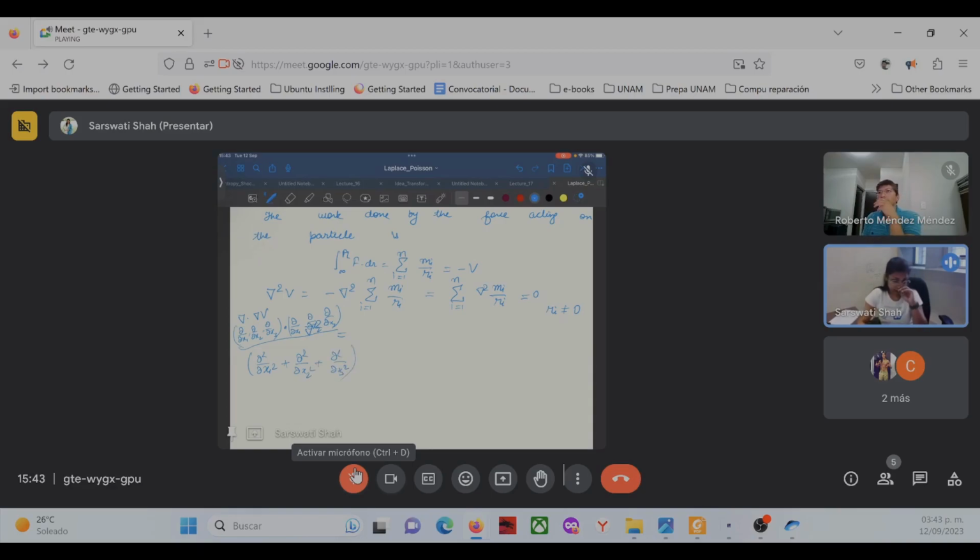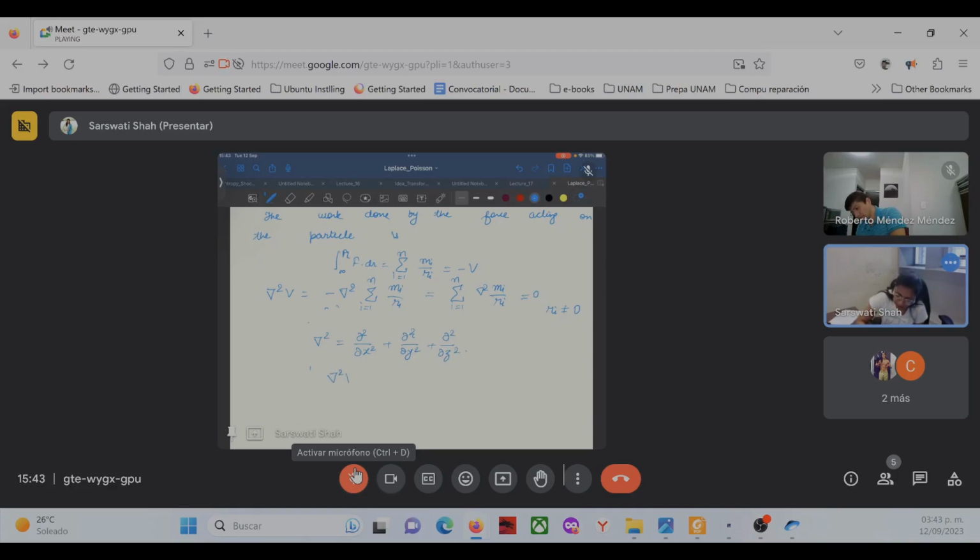So if we are choosing the coordinates x, y, z, this del 2 will be del 2 over del x square plus del 2 over del y square plus del 2 over del z square.